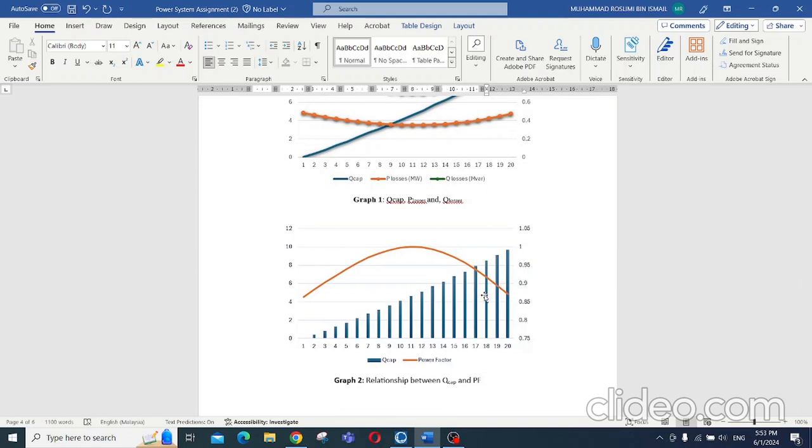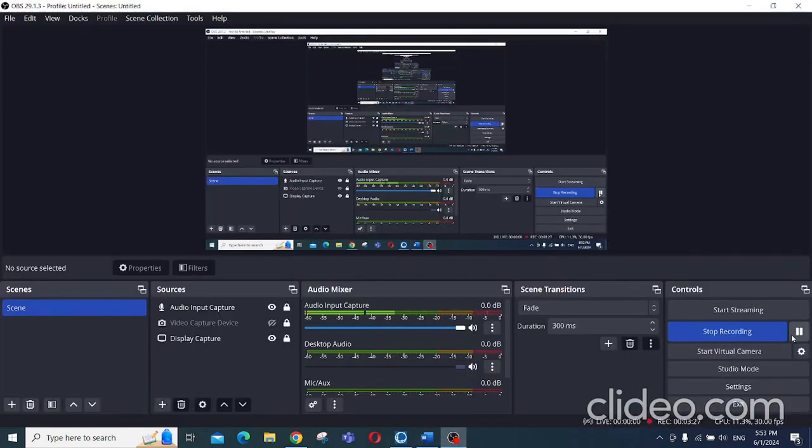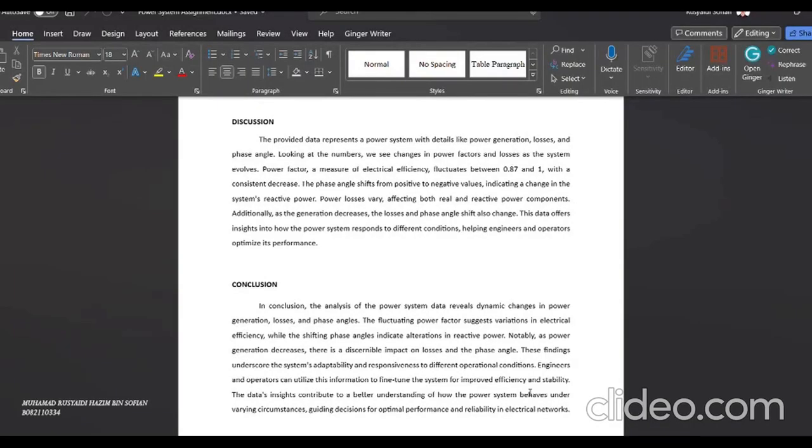However, as Q cap continues to rise, the power factor starts decreasing. This suggests Q cap at 3.6 to 6.2, where the system achieves a balance between the real and reactive power, resulting in a higher overall efficiency. Beyond this range, the system experiences a decline in power factor, indicating a less efficient use of electrical power. That's all. Thank you. My name is Muhammad Azim.